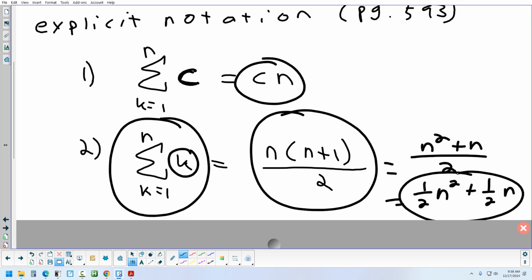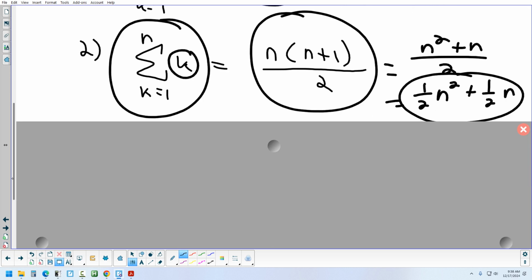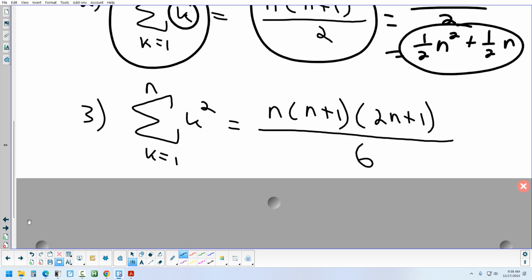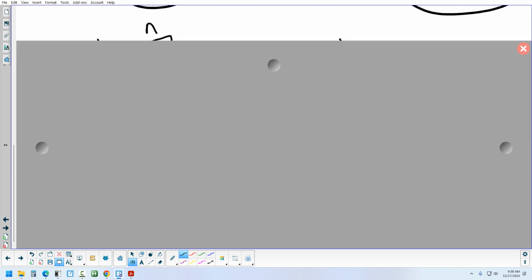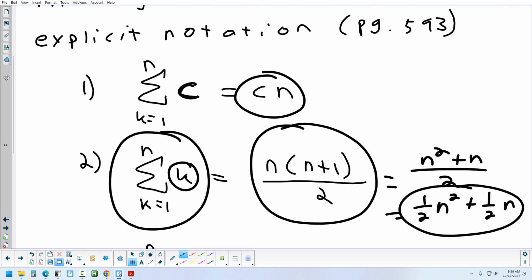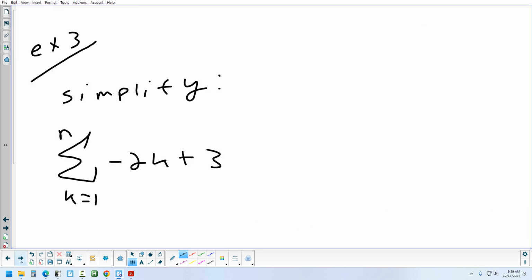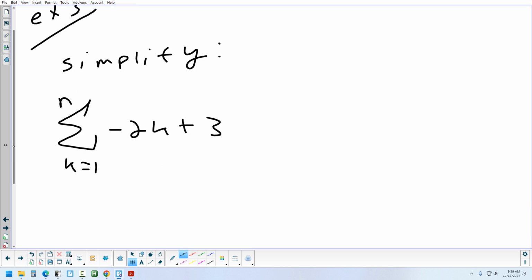All right, so let's try an example with that. You're not going to have to worry about the squared or the cubed formula. Okay, just those two. All right, so let's try this.